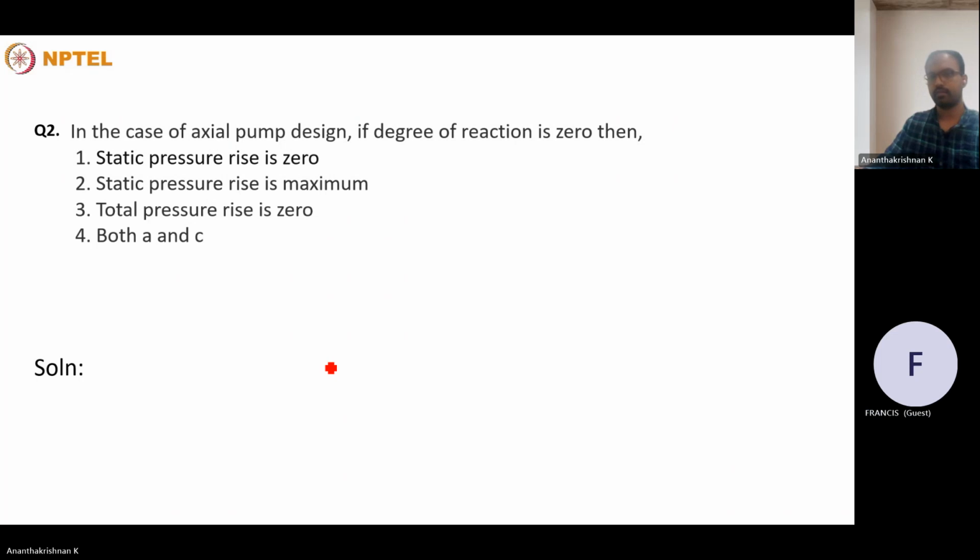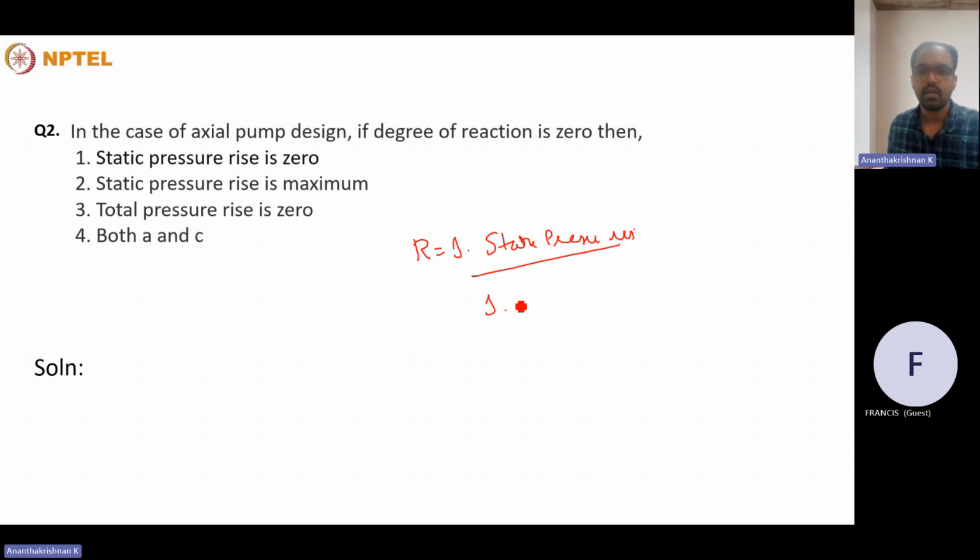Option A. Yes. The degree of reaction is the ideal static pressure rise divided by the ideal total pressure rise. If degree of reaction is zero, then the numerator is zero, that is, the static pressure rise is zero.